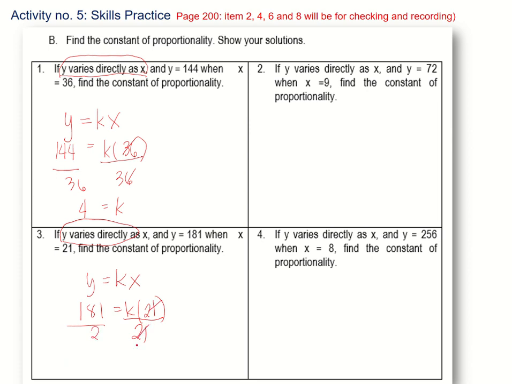So we have our k is 181 divided by 21 is equal to 8.62. That's it. It's only 8.62. So answer now independently items 2 and 4.